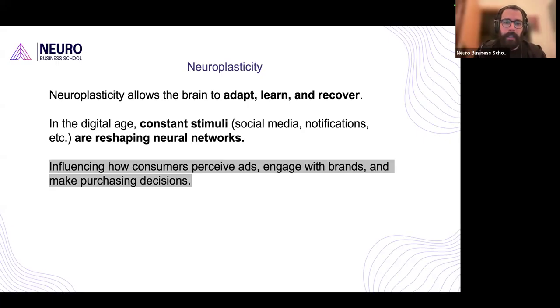Neuroplasticity is this capacity, and it is also not constant during all our lives.